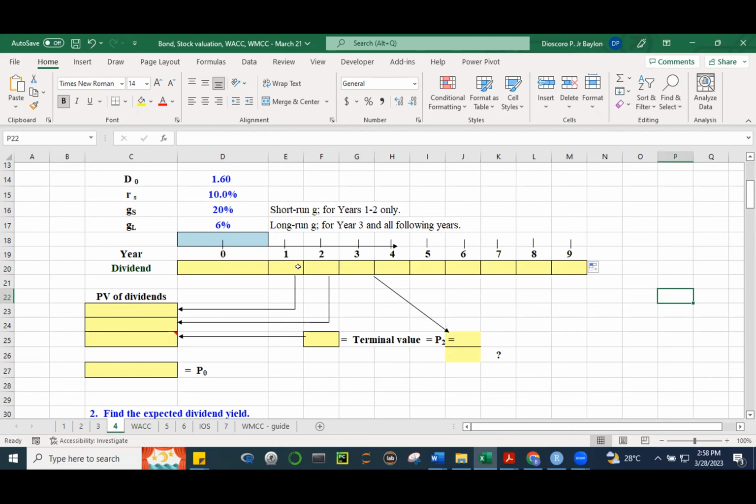First 2 years, it will be 20%, and then the next years will be 6%. So please give me the price now, the estimated price now, the stock valuation, the value now, given your dividends. I'll give you, say, 5 minutes, class, for this.